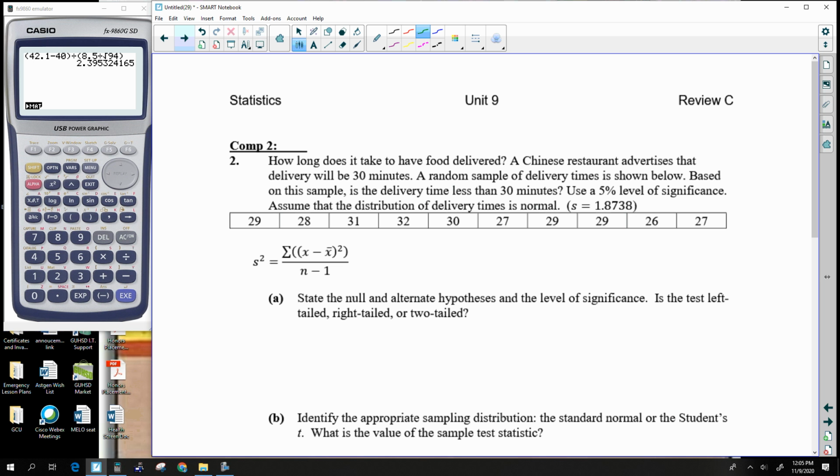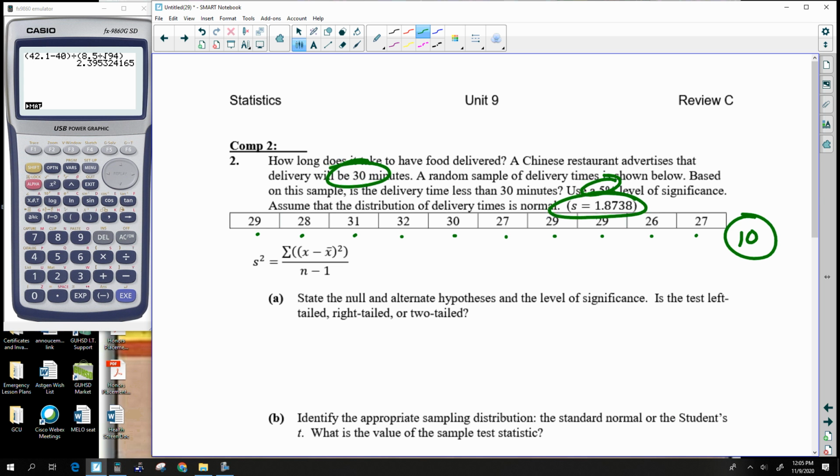Okay, this is a pure sample. Oh, let's see what they give us here. So they have a sample size of 1, 2, 3, 4, 5, 6, 7, 8, 9, 10. That's a sample size. I want a 5%. They gave me an S. They say that the average is 30 minutes.